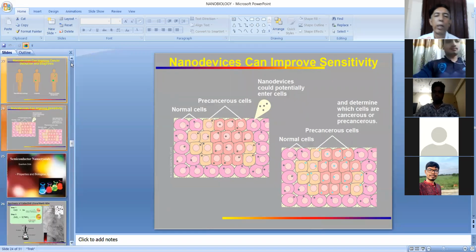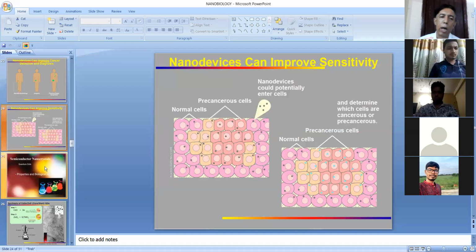Then you can take precautions on that precancerous cell. How you can take precaution, I'll tell you now. You can destroy the precancerous cell, or you can treat the precancerous cell, by knowing the result of that nano device.